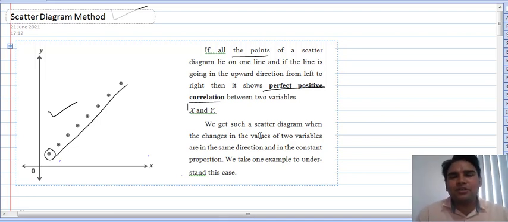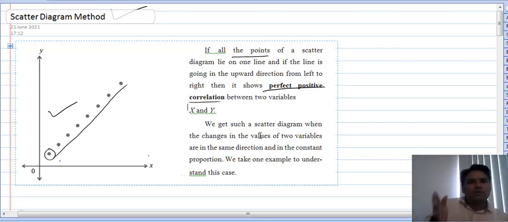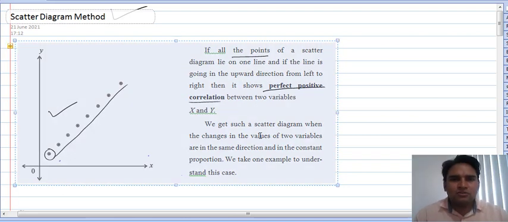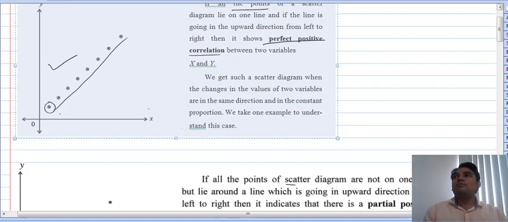So in the MCQ they will ask you, identify the perfect positive correlation from the following diagram. They will provide you the 4 options. So when you see this kind of dotted line which is going upward from left to right, that is perfect positive correlation.